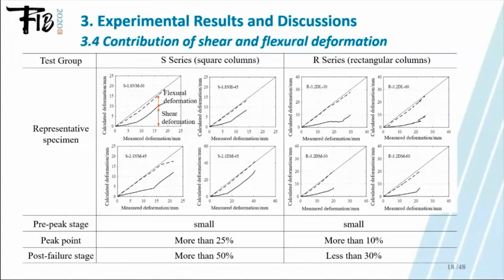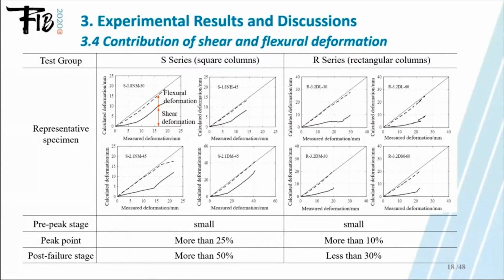For square columns, shear deformations were relatively small in the beginning and grew dramatically to more than 25% of the total lateral deformation when reaching the peak strength, and more than 50% of the total lateral deformation at the shear failure point.